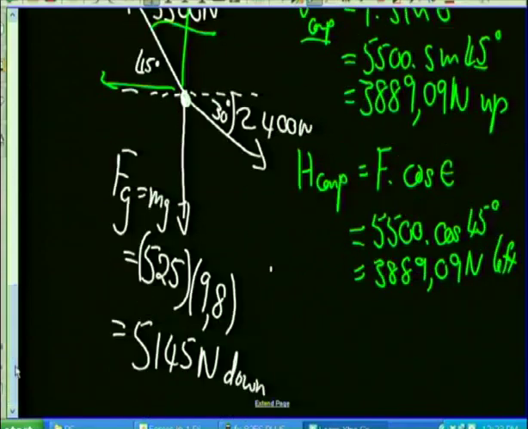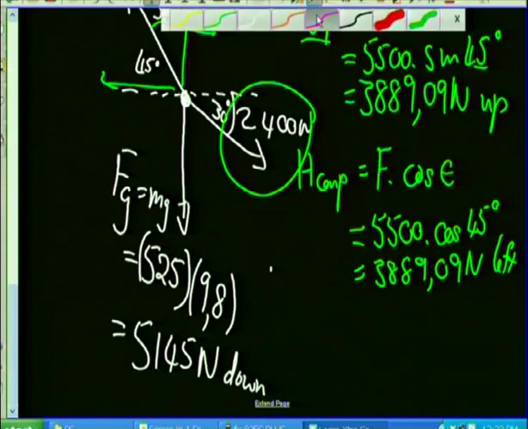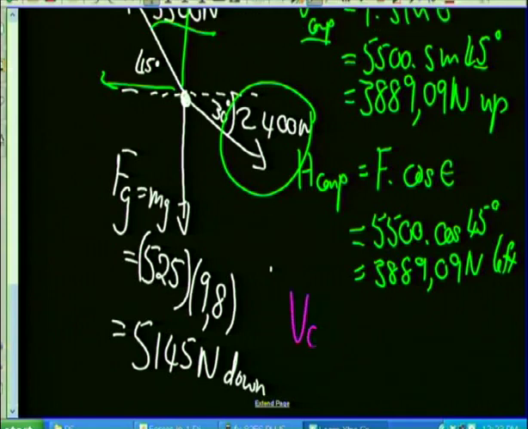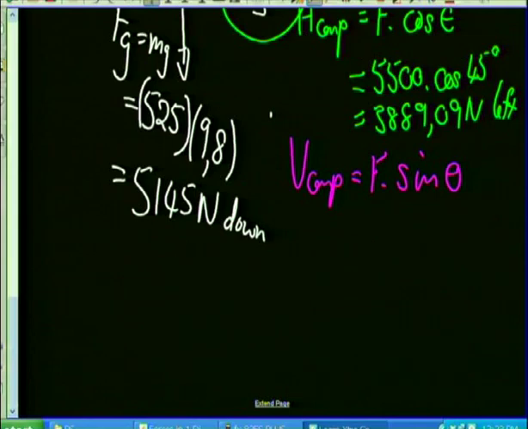Now, let's look at the next one, which is the horizontal and vertical component of the rope. Now, if we take a look at the rope, and I'm going to work in a different color, we're doing exactly the same calculation. We're going to say vertical component is equal to F times sine theta, and we're going to then do the horizontal component, which is going to be F times cos of the angle theta.